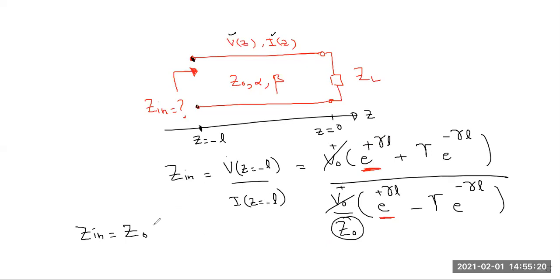And what will be left: you get 1 plus gamma times e to the power minus 2 gamma L, because you have taken this as common.